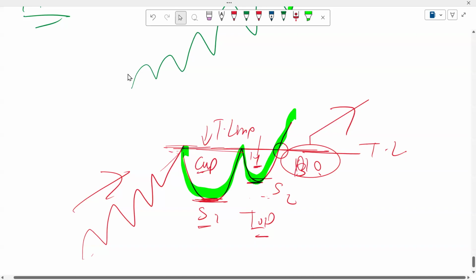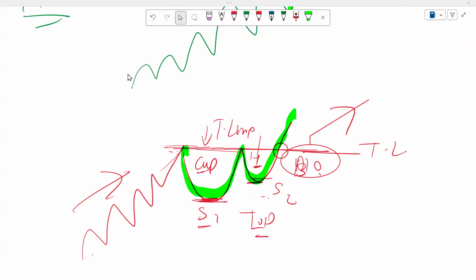Got it? So if you have any doubt, let me know. Any doubt, otherwise we can close this classic chart pattern topic.